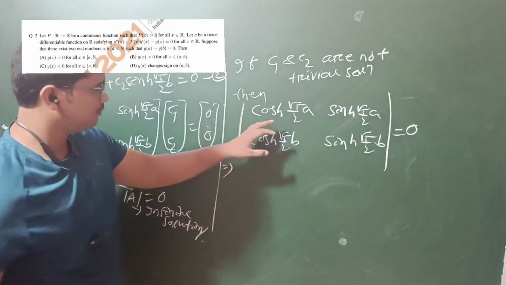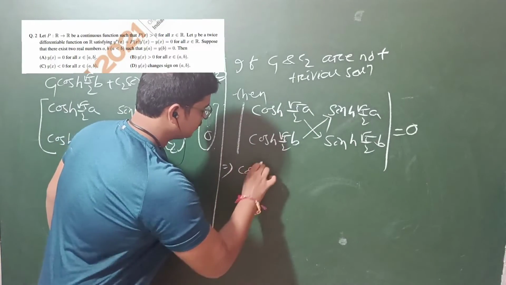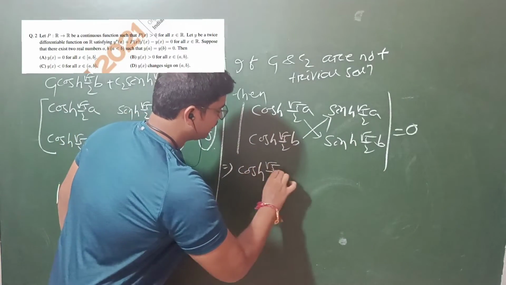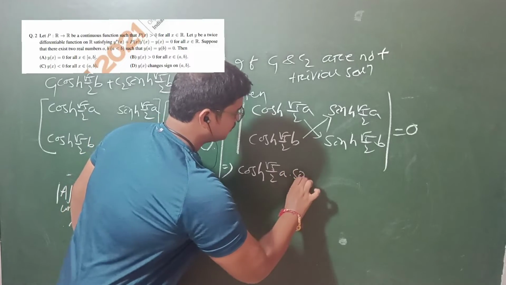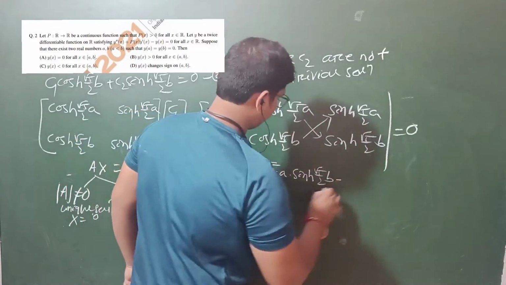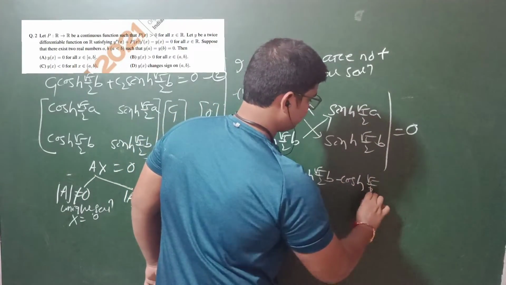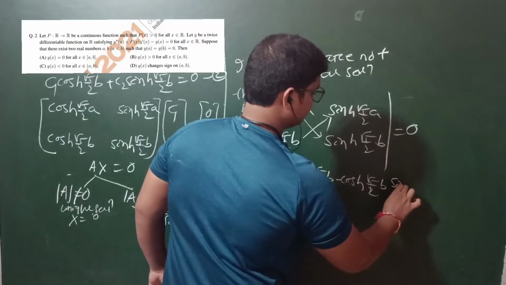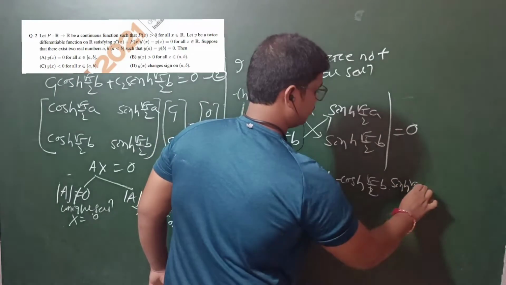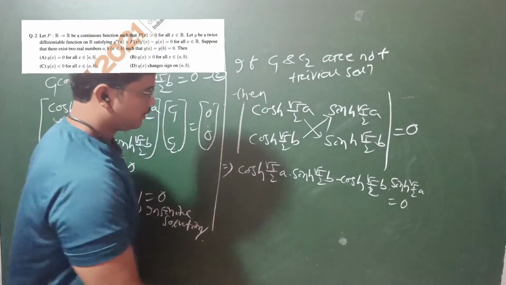That means the determinant is this minus this. So cosh(√5/2 a) times sinh(√5/2 b) minus cosh(√5/2 b) times sinh(√5/2 a) equals 0.